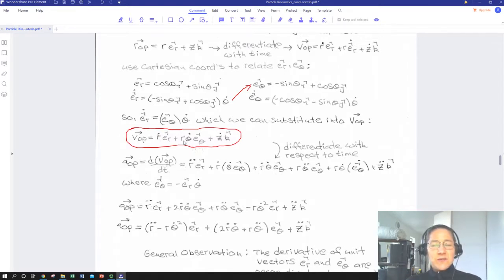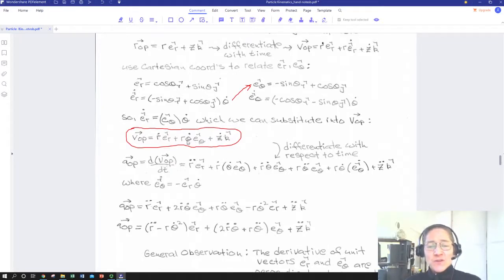Now I look at the other term. I have three terms all multiplied, so I get to apply the derivative of the product to all the terms. I'm going to take the time derivative of r and multiply by the other two. Then I'm going to take the time derivative of theta dot and multiply by the other two. And then I'm going to take the time derivative of the theta unit vector and multiply by the other two.